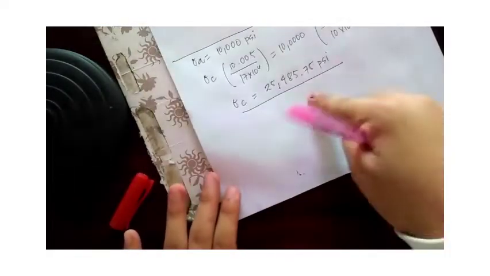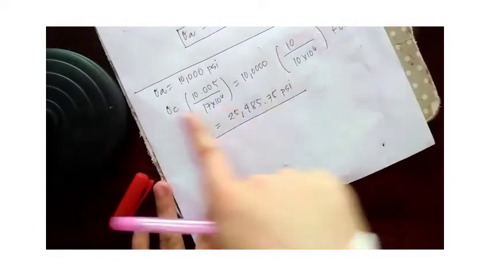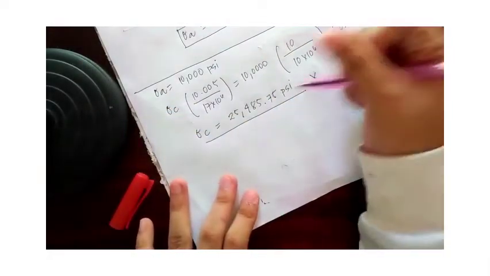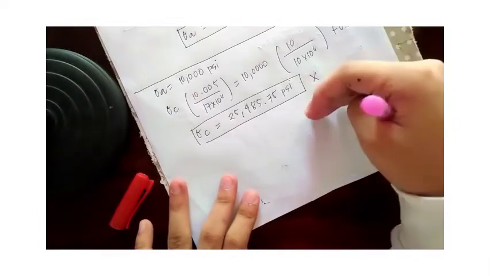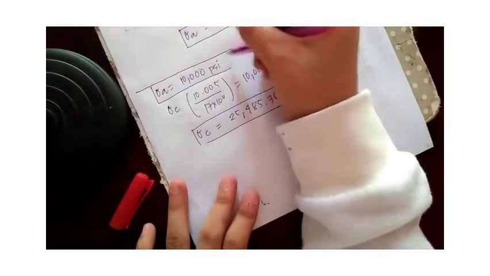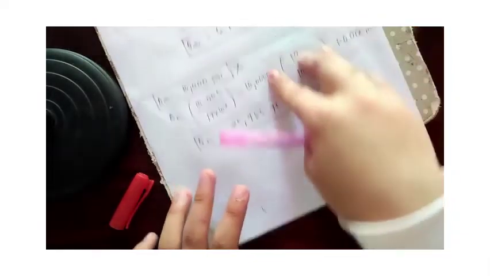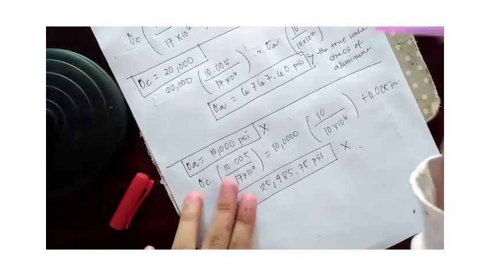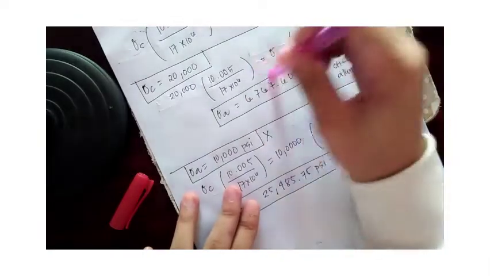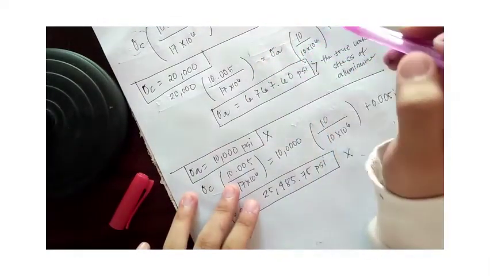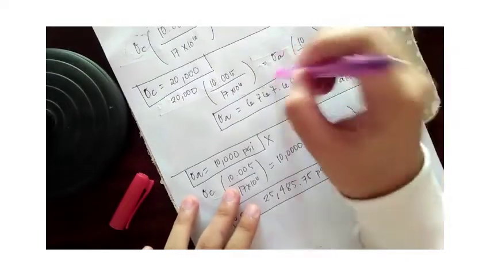Mas lumaki siya rito sa naging value gamit yung value ng stress ng aluminum. Meaning, this is wrong. This is the wrong value of the stress of copper, and this one is also wrong for the value of the stress ng aluminum. So, to proceed, itong value dalawa na to ang gagamitin para makuha natin ang value ng force ng copper and force ng aluminum.